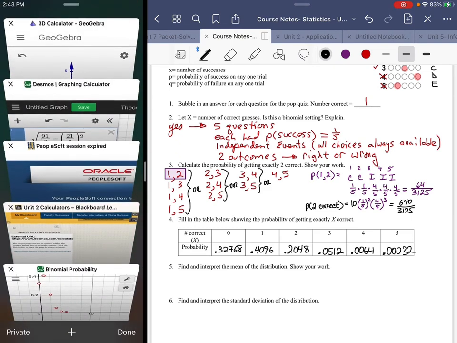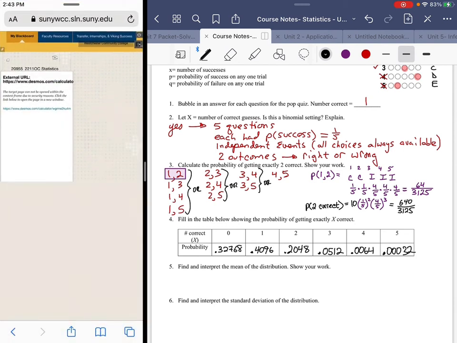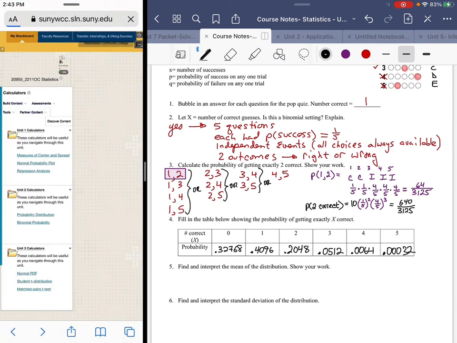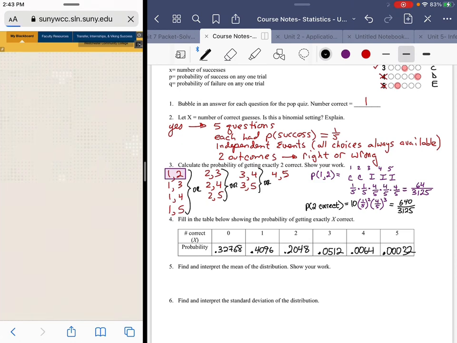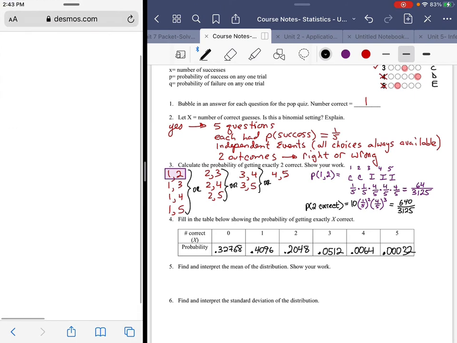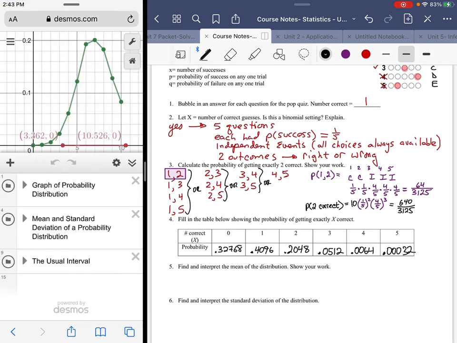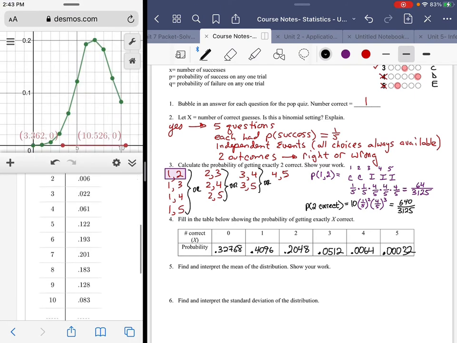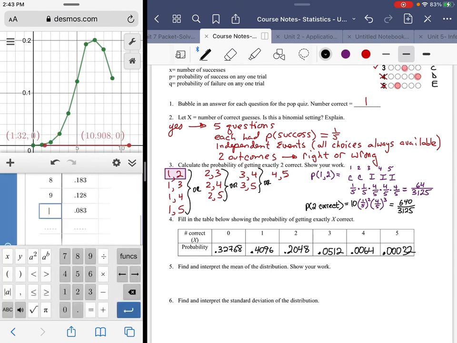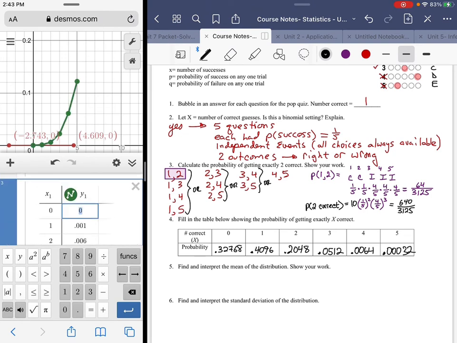If we want, and we do, we can go back to the other probability calculator, the probability distribution one, and pop in these values from 0 to 5. I've got a lot of extra stuff in here that I don't need, but just get the stuff that I do need, 0 to 5.